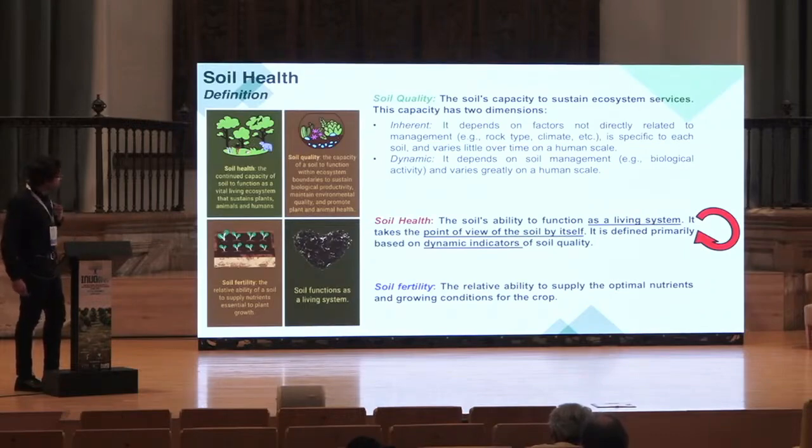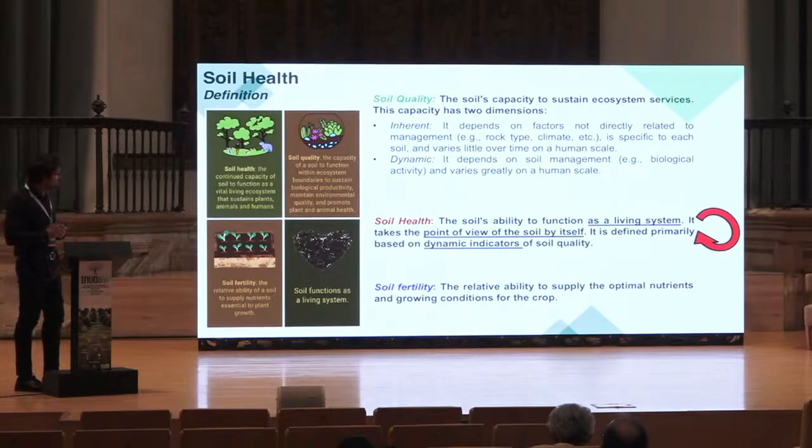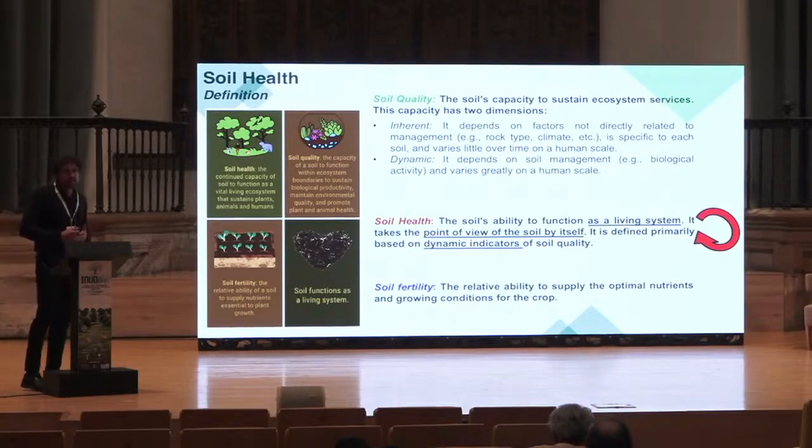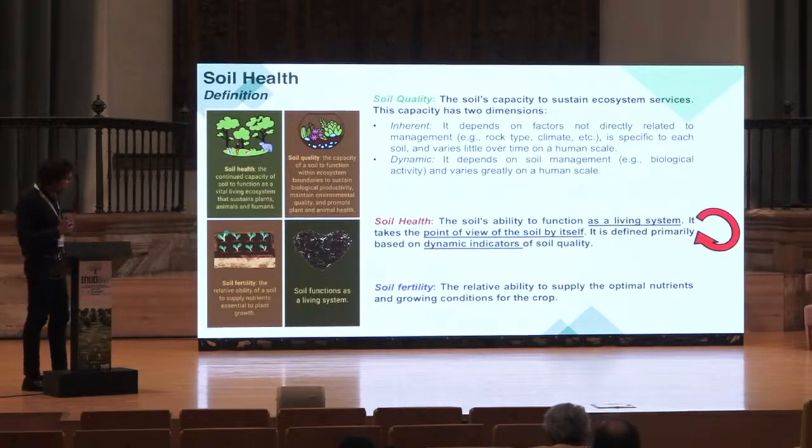In the case of soil quality, defined as the soil capacity to sustain the ecosystem services, it is also taken from an external point of view, but soil health is the soil ability to function as a living system. So finally, it takes the soil from its own point of view. I think it's maybe the main difference between soil health and soil quality.